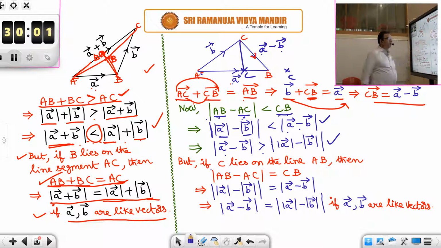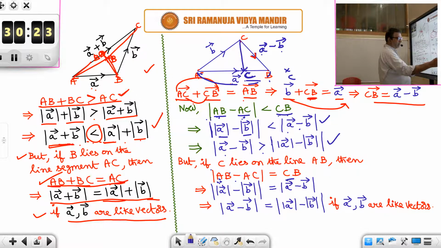That means A, C, B are collinear. Then what happens? Suppose AC is here. Then what is AB minus AC? The difference of the sides AB and AC is equal to just CB only.